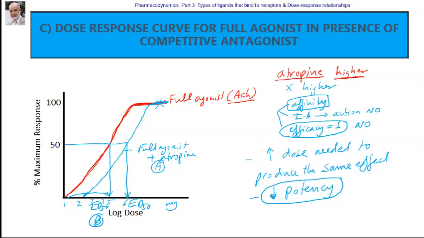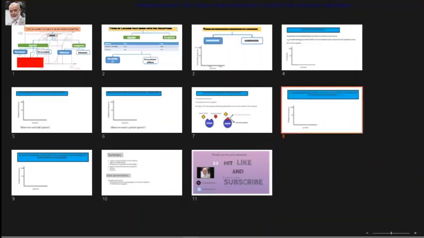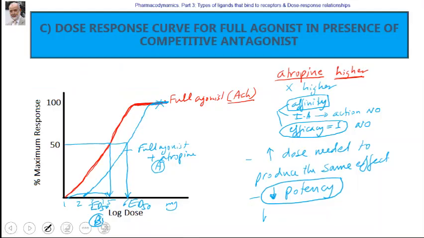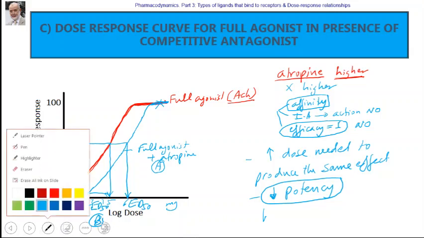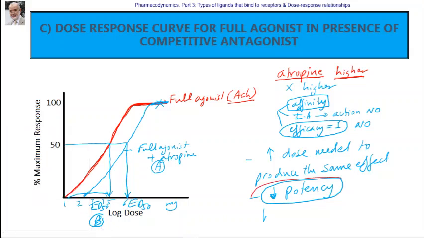So this is what competitive antagonists do: they decrease potency. This is the most important point.